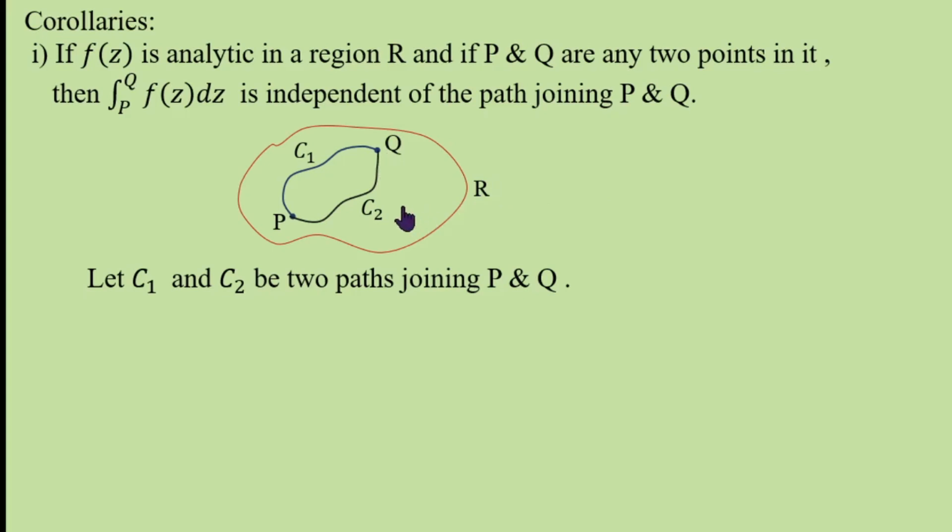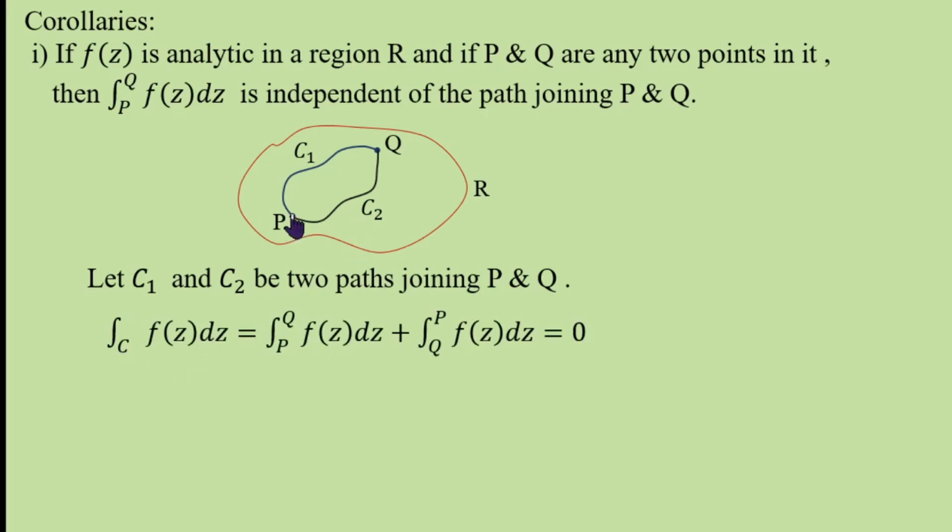Now consider the closed curve, that is, from P to Q along C1 and from Q to P along C2 in the opposite direction. So it becomes a total closed curve. Since f of z is analytic in the whole region, it is analytic within and on the closed curve C, and hence the integral over C of f of z dz is 0 by Cauchy's theorem.